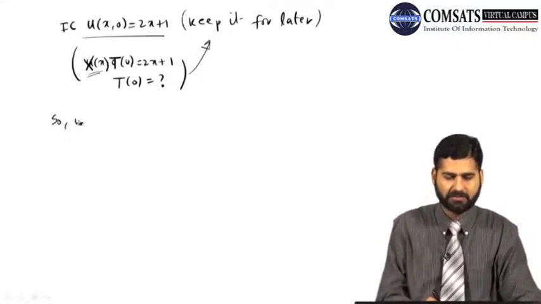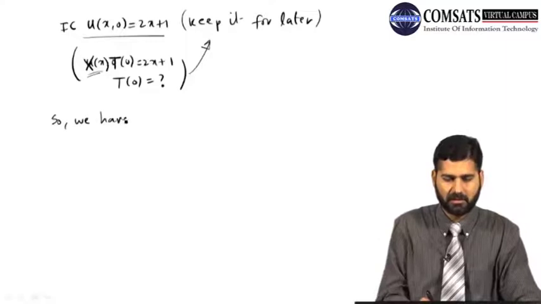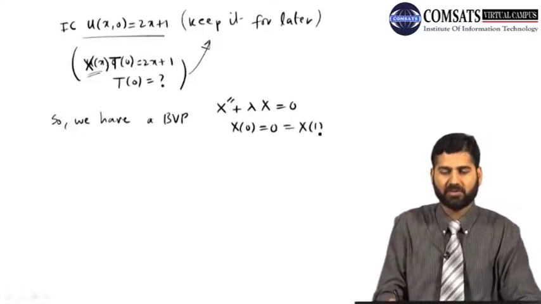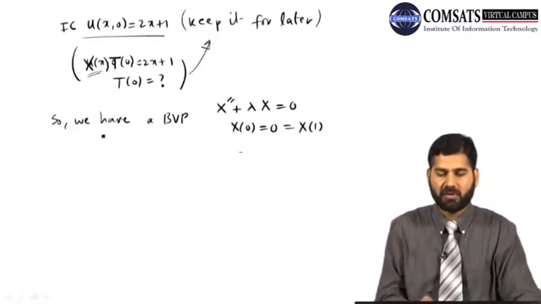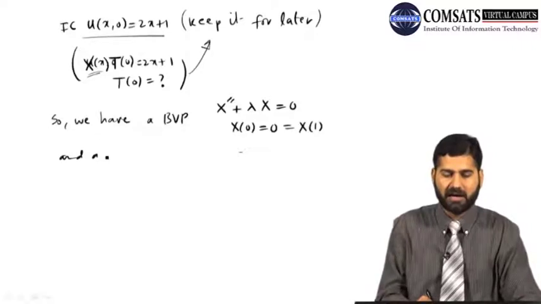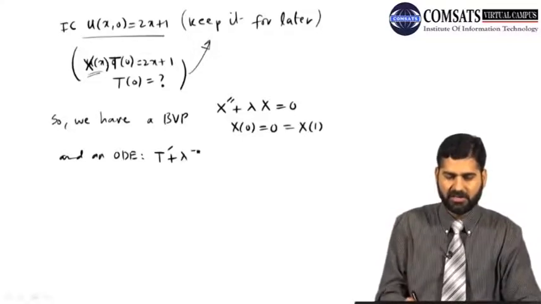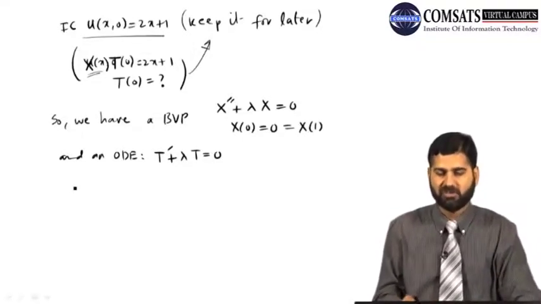Alright? So right now we have a boundary value problem, which is X double prime plus lambda X equal to 0, along with the conditions X(0) is equal to 0 and X(1) is equal to 0. So this is one of our boundary value problems, and an ordinary differential equation without initial condition, this one. So I have these two things.